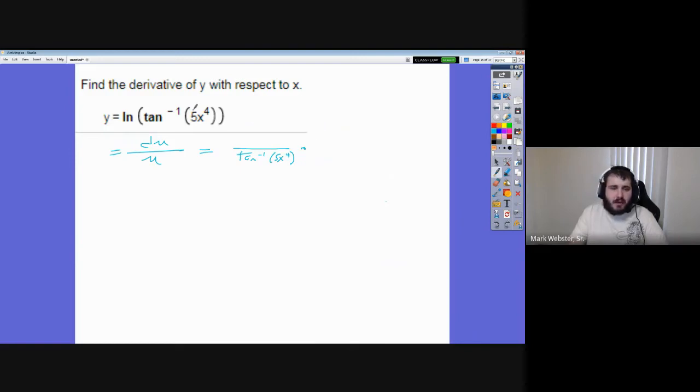So now we're going to take du, 20x cubed, over 1 plus u squared, like that.